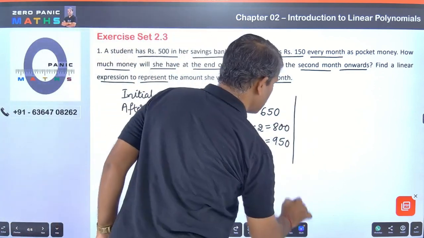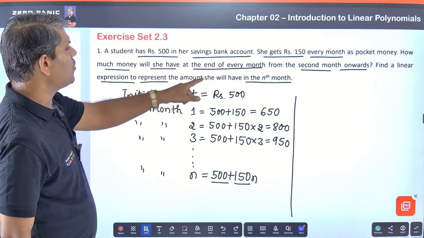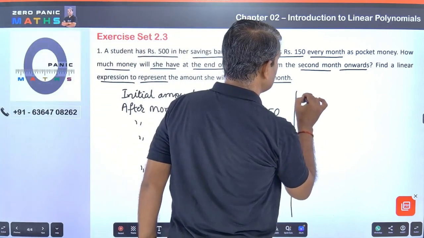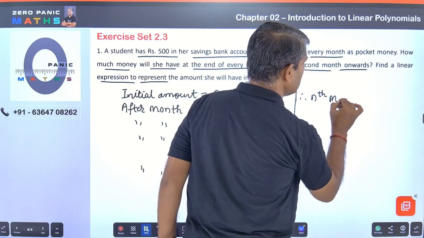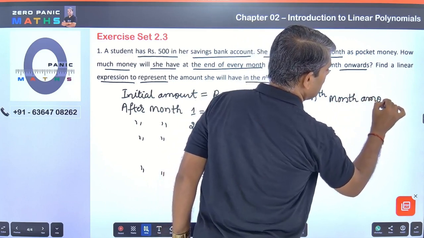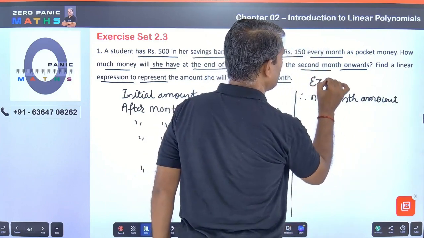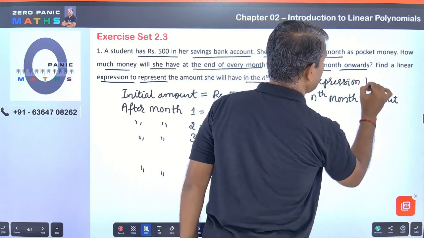So what is the answer? Finally, the expression to represent the amount she will have in the nth month, or you can say the expression for nth month amount, because that is what they asked, right?